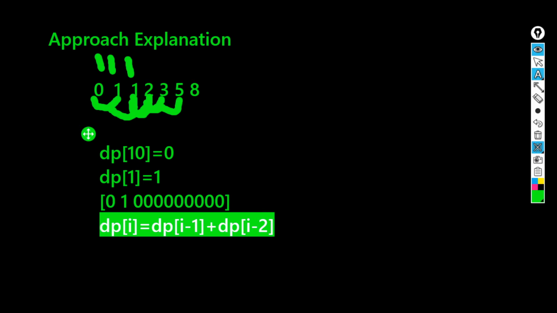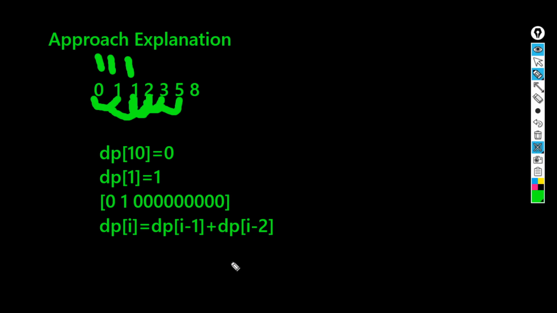So now we know that for DP we require some initial values, a DP array, and a formula.